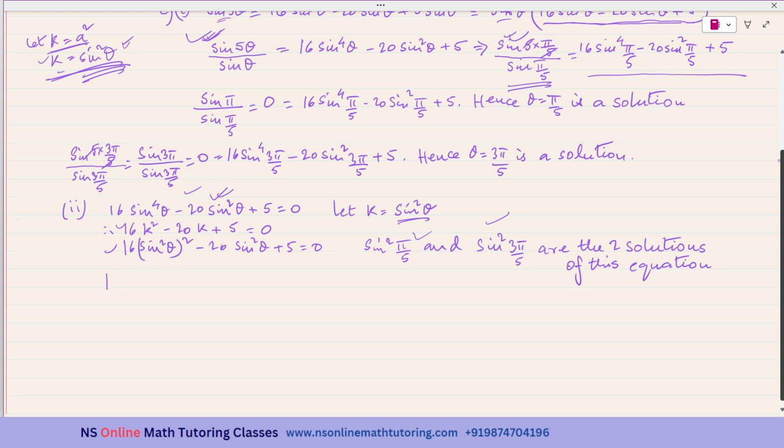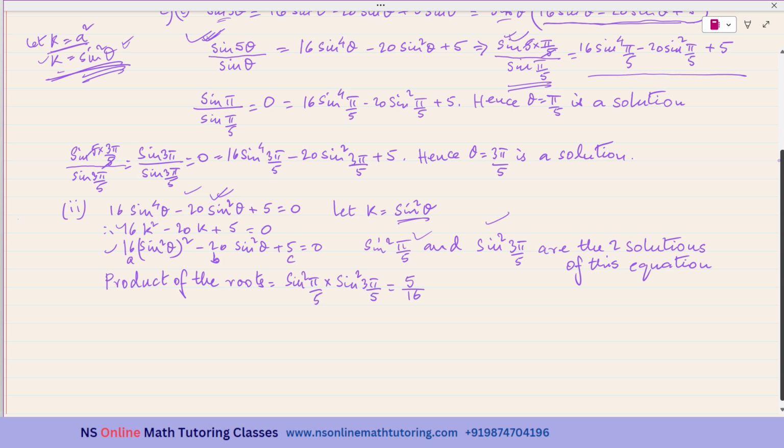So therefore, product of the roots is equal to sine square pi over 5 times sine square 3 pi over 5 will be equal to c over a. This 16 is a, this minus 20 is b, and plus 5 is c. So this will be equal to c over a, therefore 5 over 16.